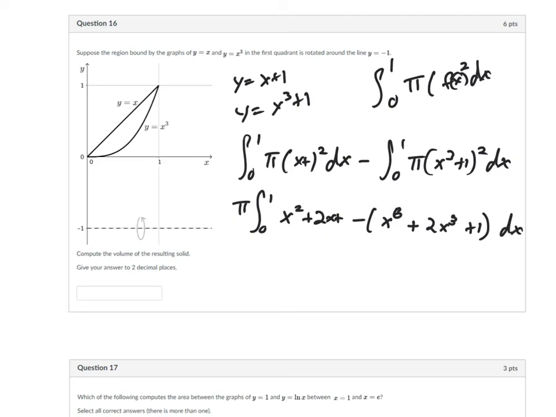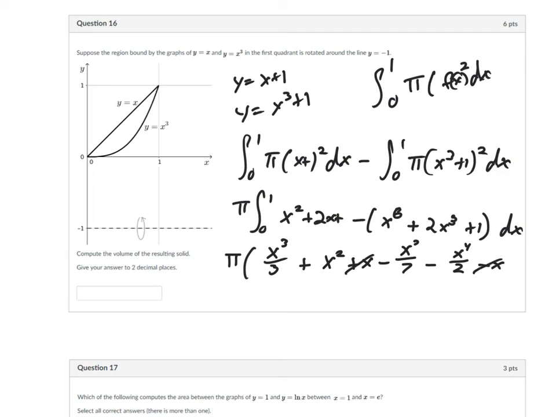Okay, so we can just go ahead and integrate this. What we'll get is pi times x cubed over 3 plus x squared plus x minus x to the 7th over 7 minus x to the 4th over 2 minus x.